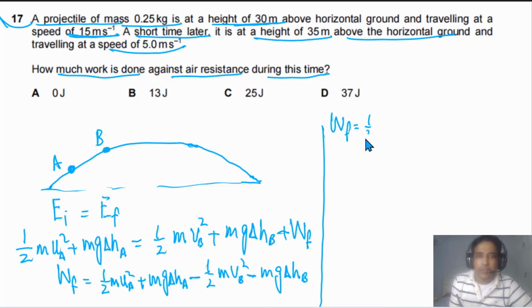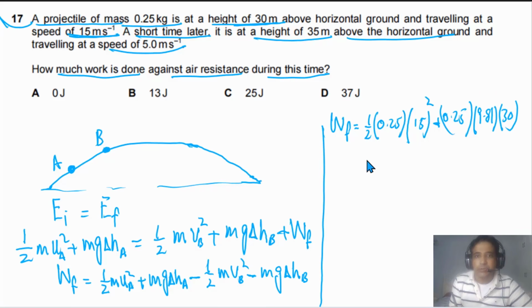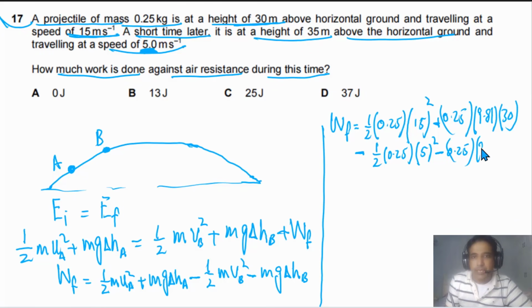So we have 1/2 times m, that is 0.25, times the speed at point A, 15, so 15 squared, plus GPE, that is 0.25, the mass, times the value of g, 9.81, times the height, that is 30 meters, and we need to subtract 1/2 times 0.25 times the speed at point B, that is 5, so 5 squared, minus 0.25, meaning GPE at point B, times 9.81 times the height, this is 35.